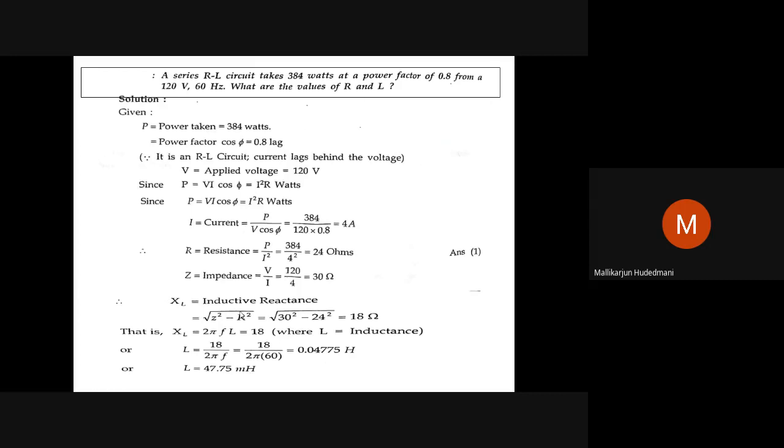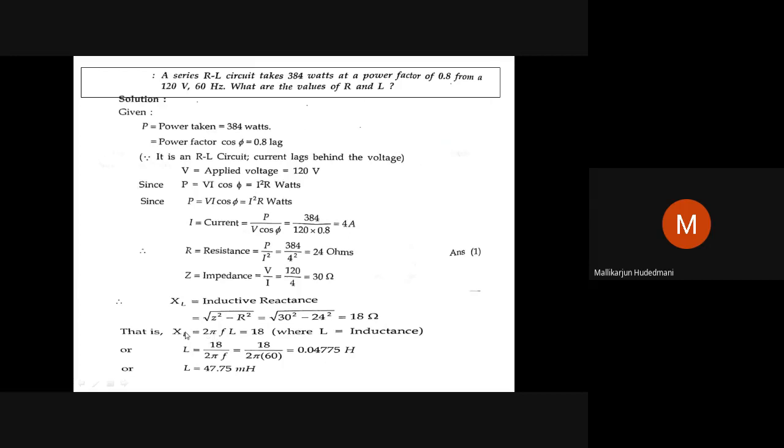It is like an RL circuit. So I may suggest you people, if you think of this as an RC circuit, in the class we have solved several such problems. If it is an RC circuit, how do you work it out? You will work it out the same way. In this part, instead of XL, what will you write? XC. XC equal to whatever numerical value you get, 18. But C does not have the same equation.